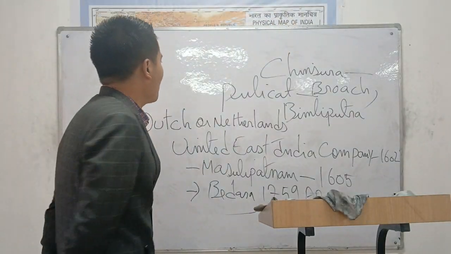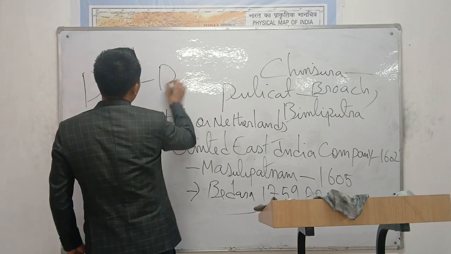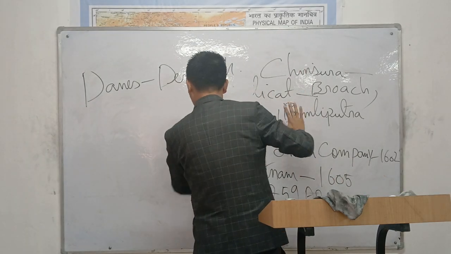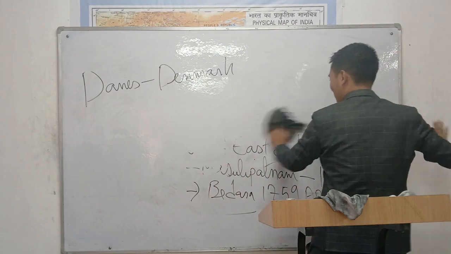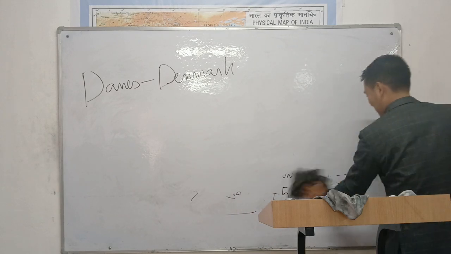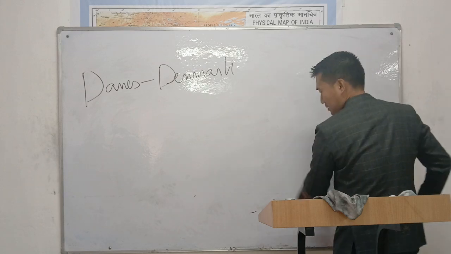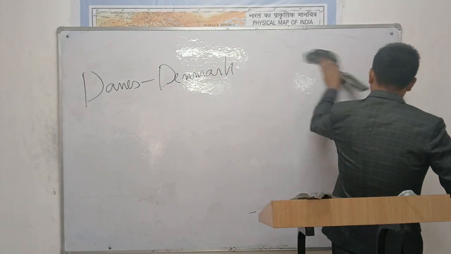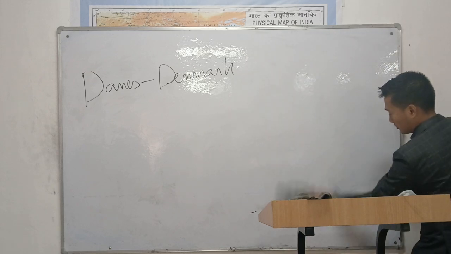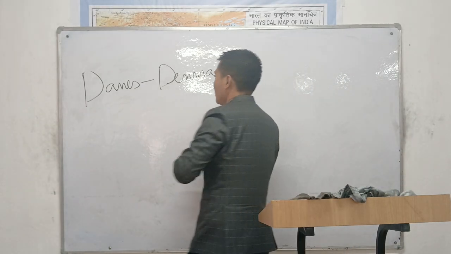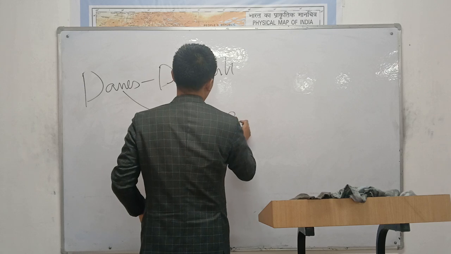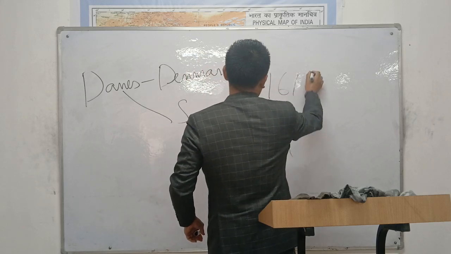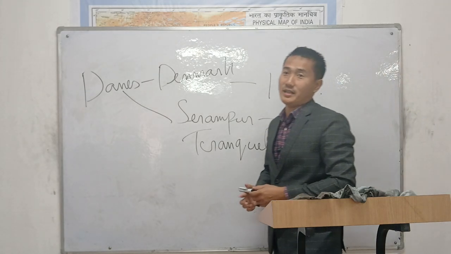Fourth is the Danes, which means the Danish or Denmark. Denmark, that means the fourth European to come to India in the modern period.